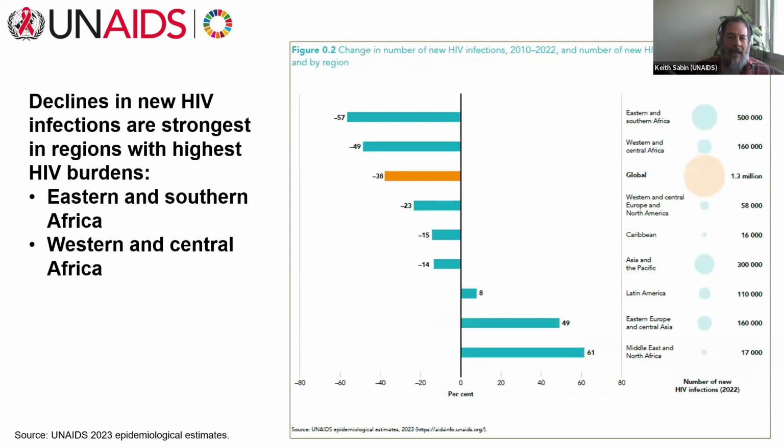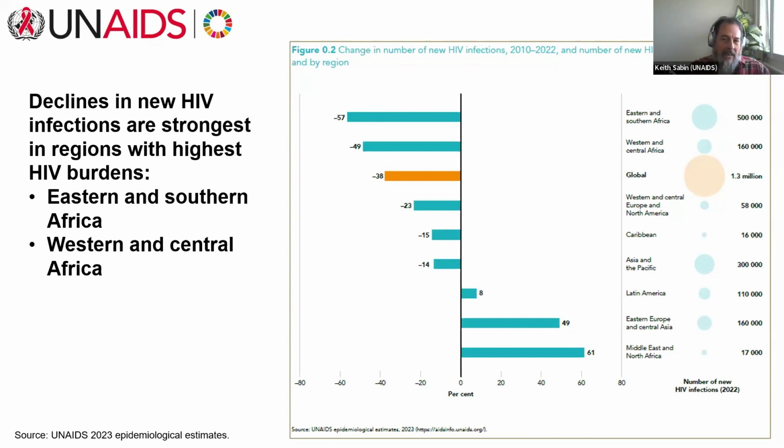Now, for that success, we're not seeing it distributed equally across the world. So here we have the regions of the world as defined by UNAIDS. Every organization has its own definition of regions. But what we're seeing very clearly is that Eastern and Southern Africa, Western and Central Africa are by far doing the best in terms of reducing the number of new infections annually.